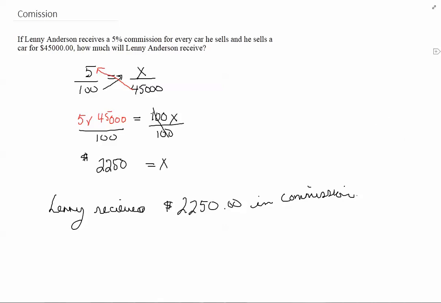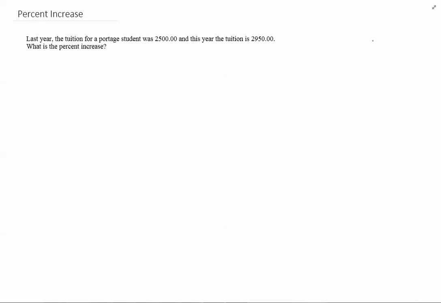Let's look at an example with a percent increase. Last year, tuition for a Portage College student was $2,500, and this year the tuition is $2,950. What is the percent increase? We're looking this time to find what is our percent out of 100 and what's the whole.